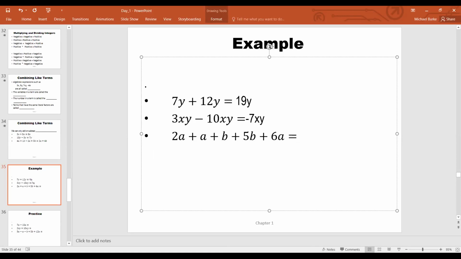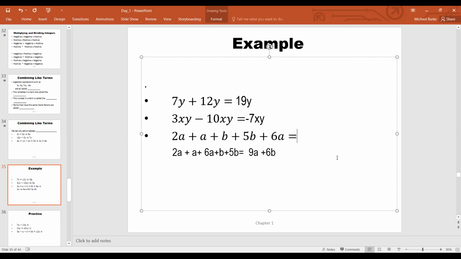Okay, so it's going to be 2a plus a plus 6a plus b plus 5b equals, now we simply add up the like terms. 2a plus 1a, if there's no numerical coefficient, we assume it's 1. 2a plus a is 3a plus 6a is 9a, plus b plus 5b is 6b.